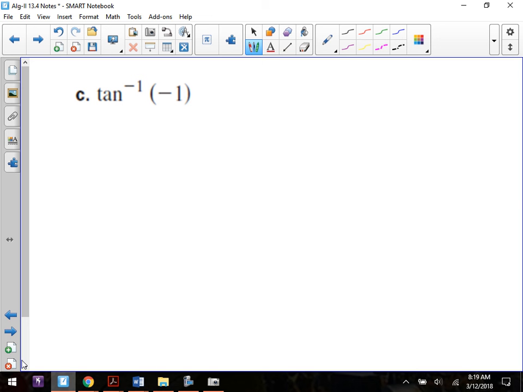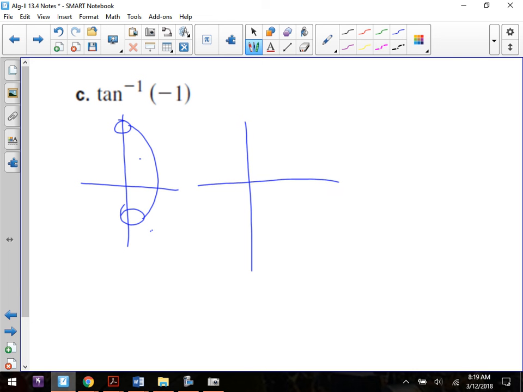Remember, when you're dealing with tangent, you're looking for tangent values between pi/2 and -pi/2. Okay? So where is tangent going to be negative? In the first, in this quadrant, or this quadrant? The top or bottom? The bottom. So that means that we have a tangent value down here. Theta had to be placed in order to be -1.